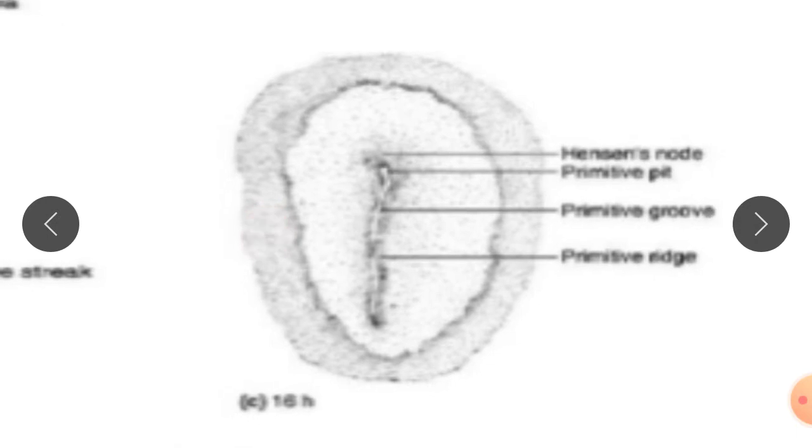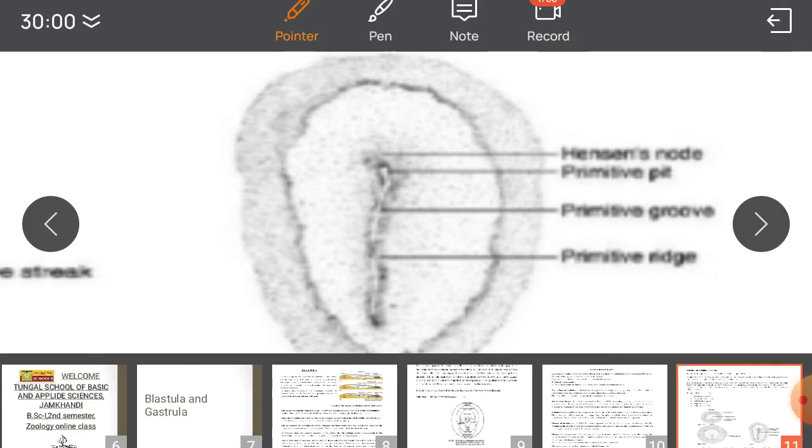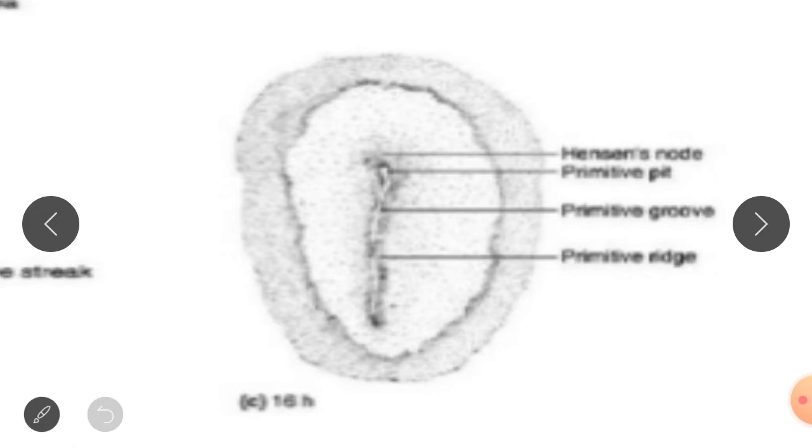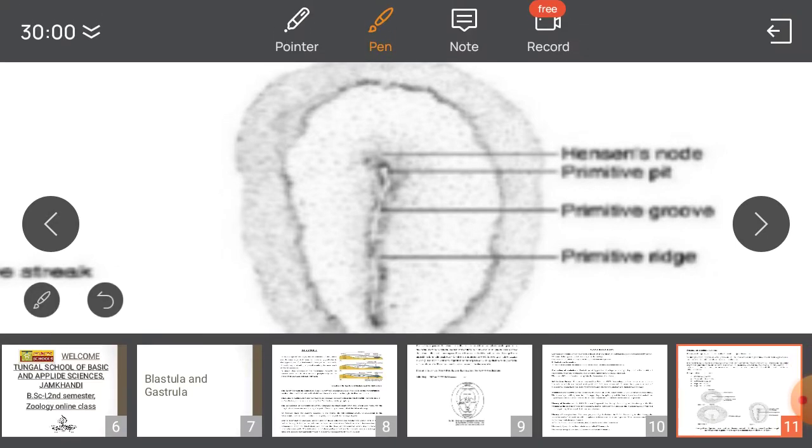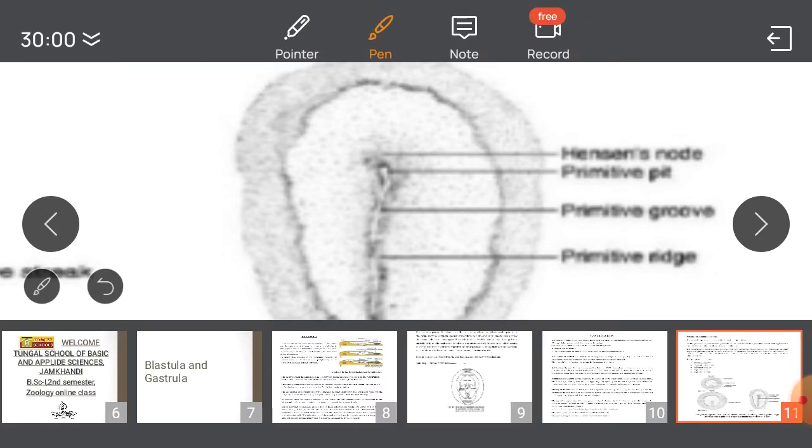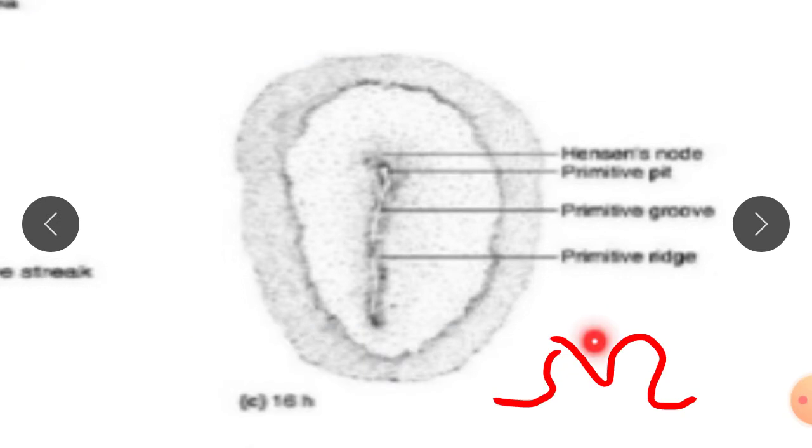So this is the primitive groove, and these two are primitive folds. Below this groove, cells are attached. Therefore, this part is very thick.